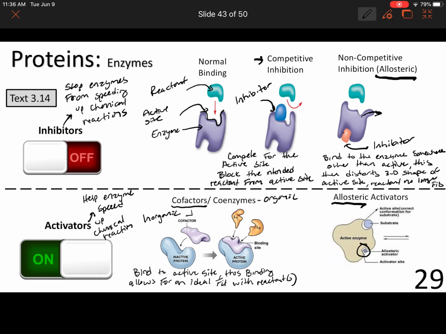Then there is the allosteric activator. The word allosteric in these cases refers to binding somewhere other than the active site, and in this image, it's down here in this space.